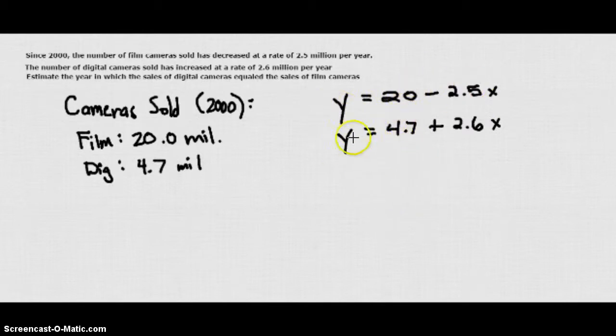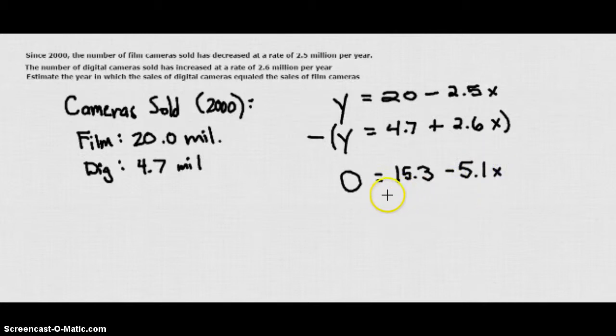So if we use elimination, it'll be simple to subtract this equation, because y minus y gives us 0. 20 minus 4.7 is going to give us 15.3. Negative 2.5 minus 2.6 is going to give us -5.1x.